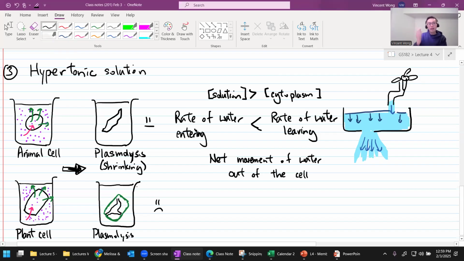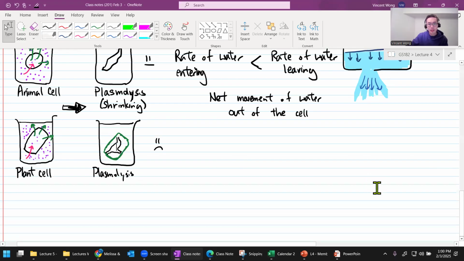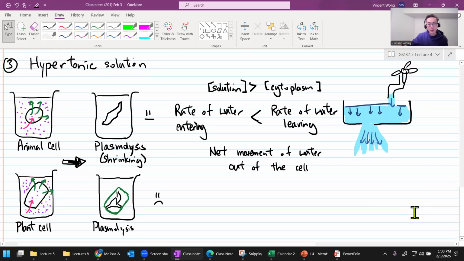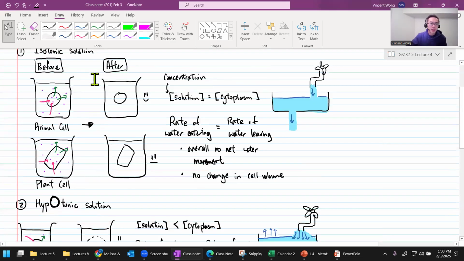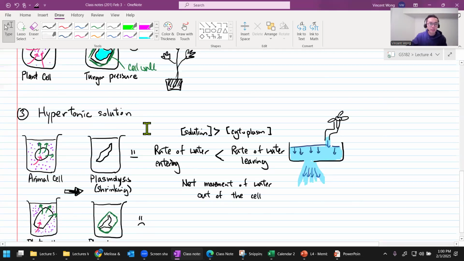They will pull away from the cell wall and basically be very, very tiny. This is when you forget to water your plant for a week or two. It's gonna die soon. Remember, plants need the water to make their own food, right? So those are the three kinds of environment: isotonic, hypotonic, and hypertonic.